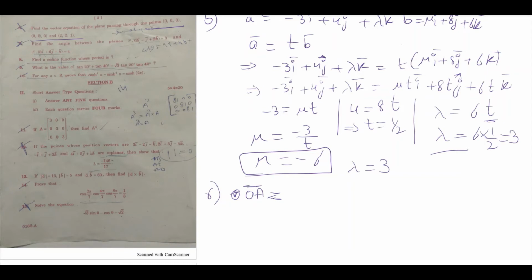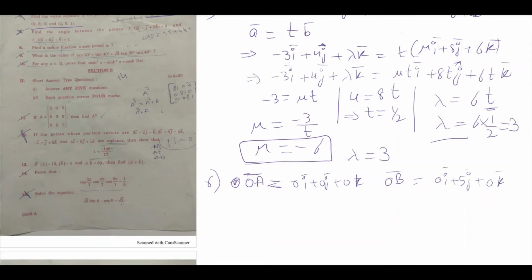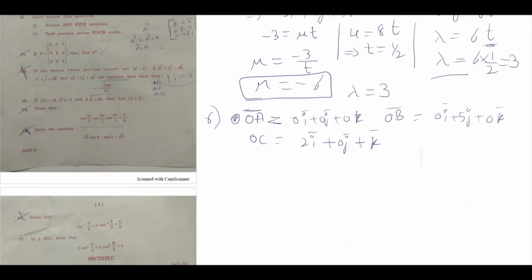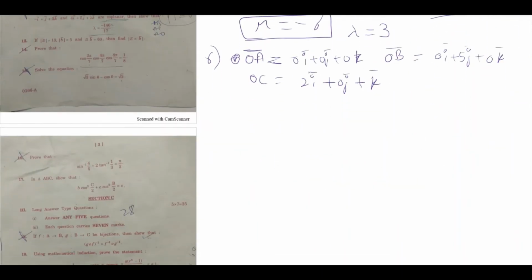OA equals 0i plus 0j plus 0k, and OB equals 0 into i plus 5 into j plus 0 into k bar, and OC equals 2i bar plus 0j bar plus k bar. So these are my 3 points.